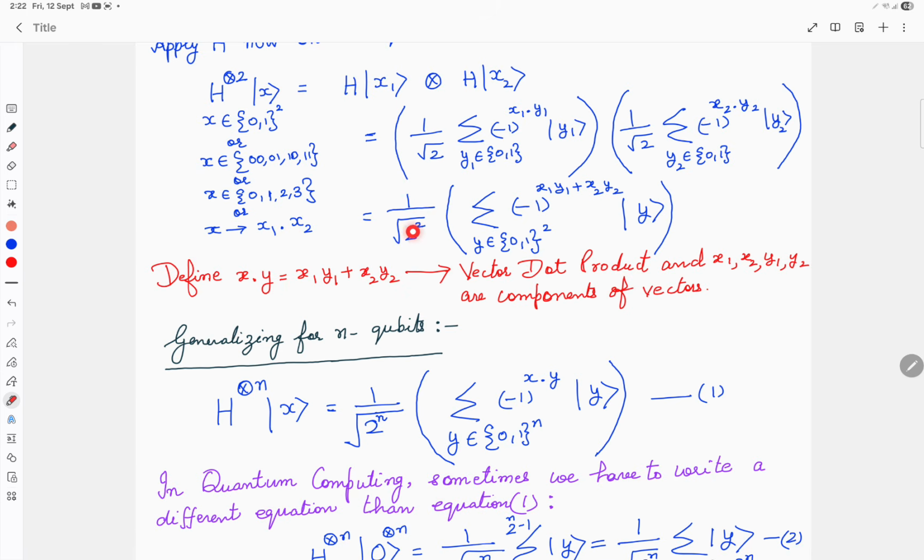I am not writing 4 here because I just want a generalized expression, because to this exponent 2 I want to put n, since I am using it for the n qubit system. So it will be 1 over root 2 raised to the power n. Exactly the same expression comes, which if you expand, you will get the Hadamard acting on the n qubit system.